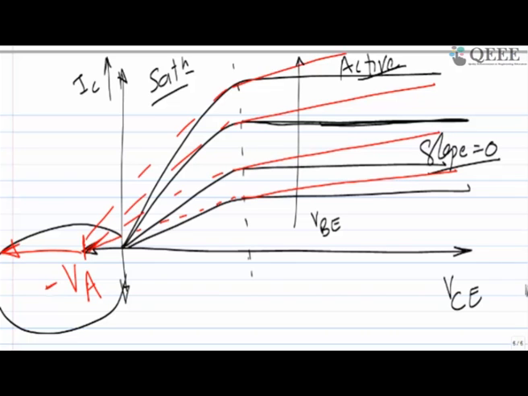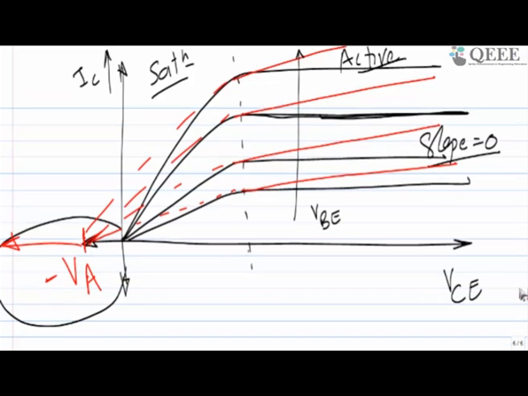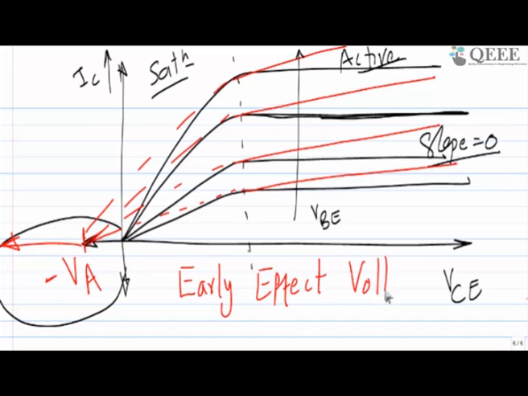This concept is known as the early effect voltage, and this effect is known as the early effect. This is also known as base width modulation, but this is happening because of a wrongly chosen base width or a wrongly manufactured transistor. So this will happen.